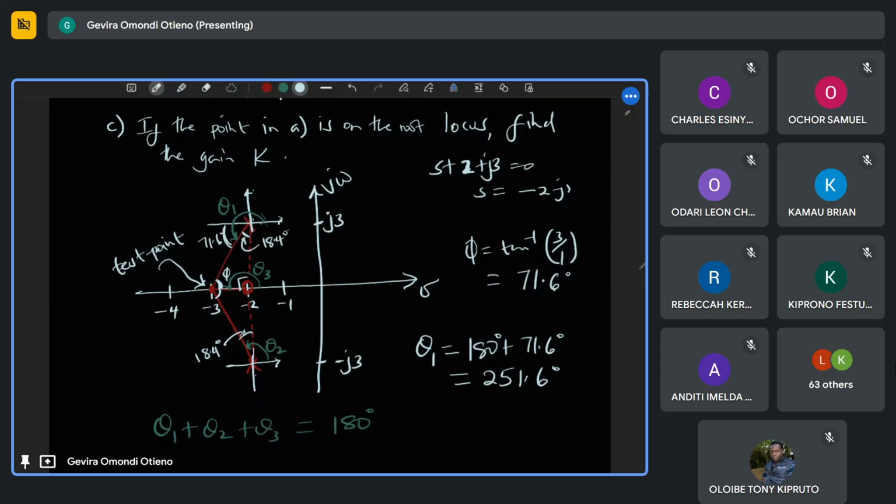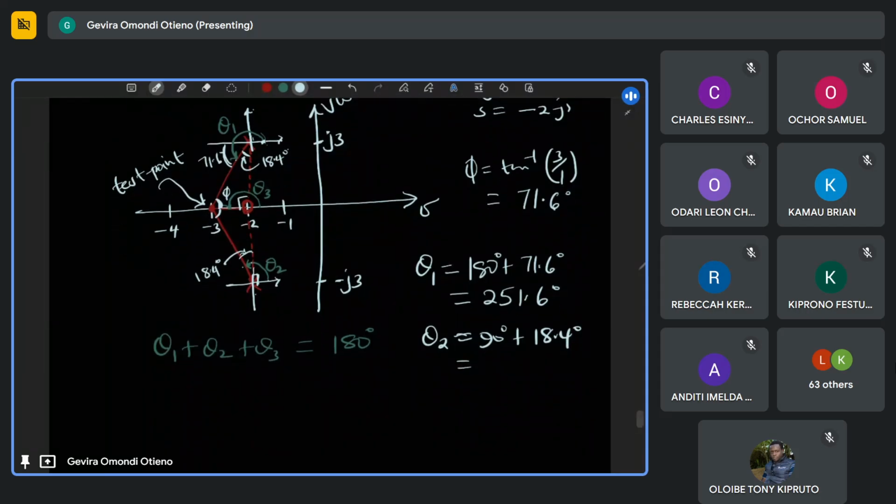That is theta 1, just this angle from the real axis all the way to that point. Theta 2 should be 90 degrees plus 18.4 degrees, because this point is at 90 degrees. You can use any method you want as long as you get the angles right. I don't have a problem. And this, I think, is now 108.4 degrees.